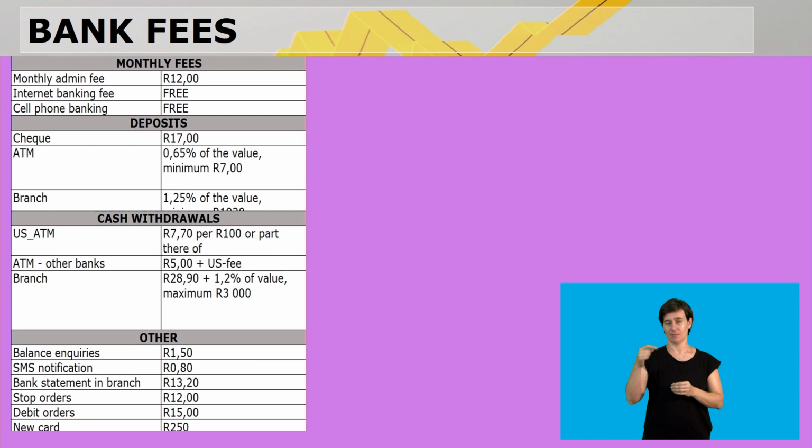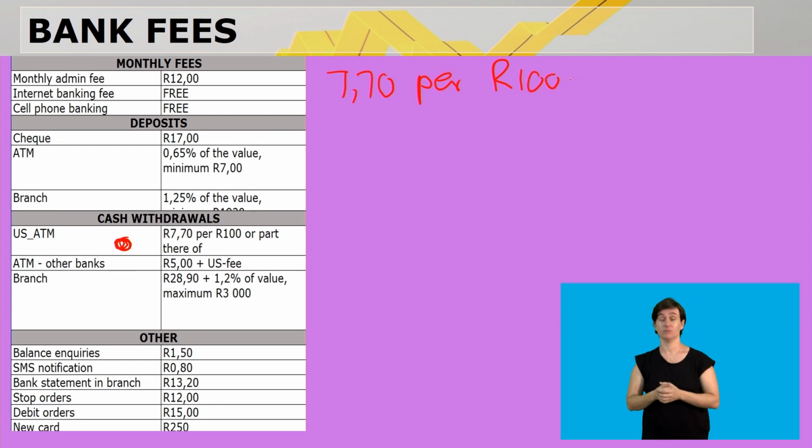So first, he withdraws 4,000 Rand from his ATM. So if you look at the withdrawals from his own ATM, that is going to be 7.70 Rand per 100 or part thereof.